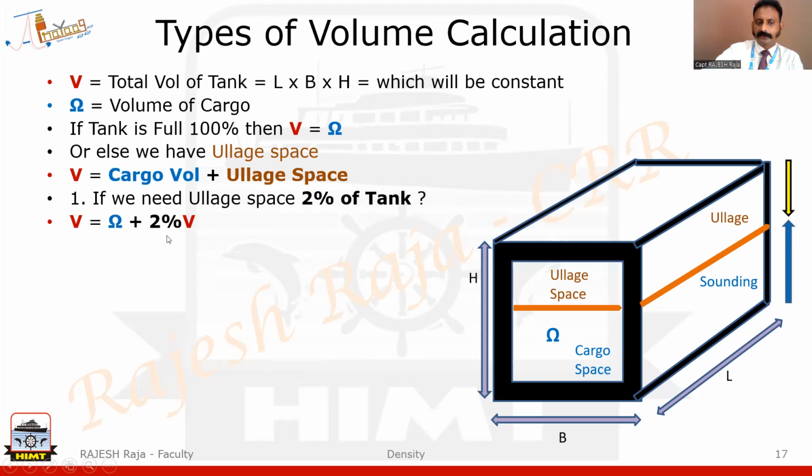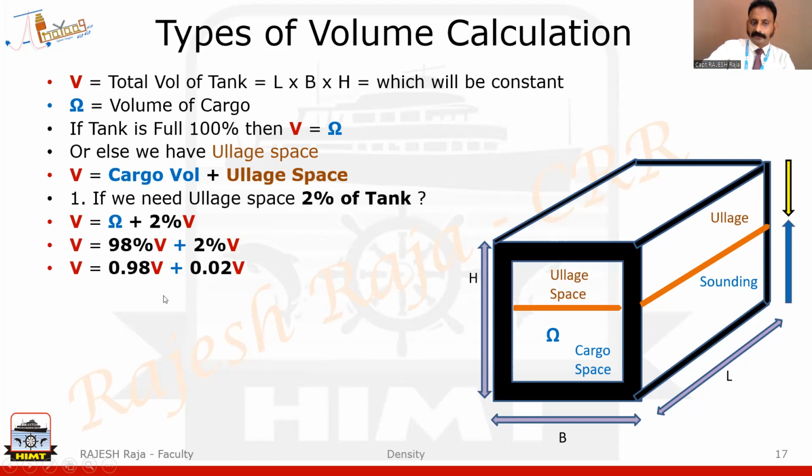Tank is capital V. So this is the equation you will form. I'll remodify this equation. If 2% of the total tank is empty, do you agree 98% of the tank will be full of cargo? So omega is equal to 98% of the tank. In other words, you can write it like this also, omega equals 0.98 V. All I have done is I've divided by 100, nothing else.